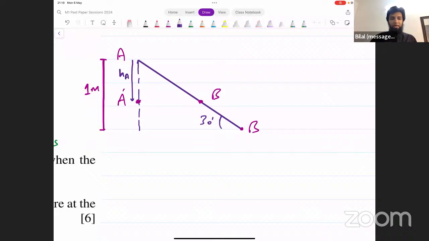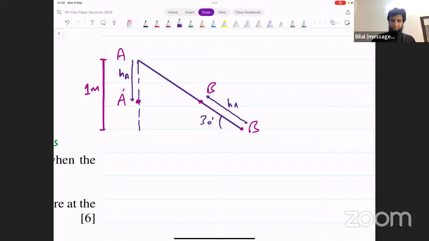The change in height for the object A. Now, whatever distance A has traveled downwards, since A and B are connected, B would have traveled the same distance along the plane. The same distance along the plane, B would have traveled here. So this is going to be HA.